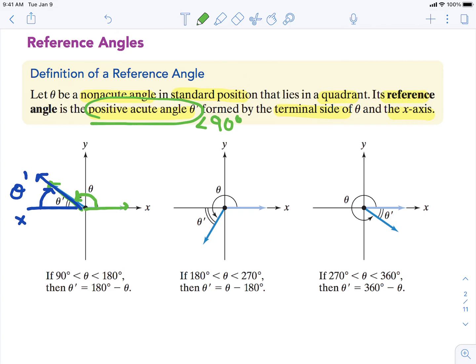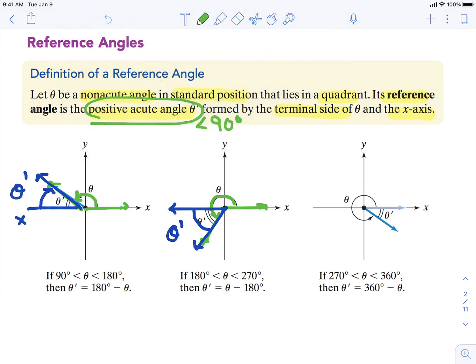Second one, here's our standard position, our terminal side, and this is our angle theta. How we create that reference angle, start on your x-axis, go to where your terminal side stops, and this would be your reference angle in the blue.